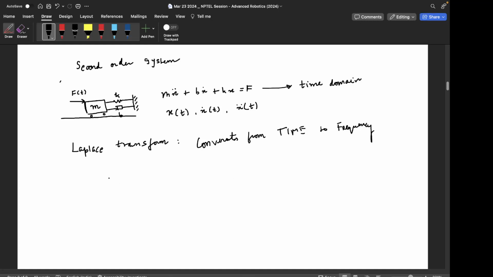So for a function, now a little bit of maths, just brief. If there's a function f as a function of t, then the Laplace transform of that function is given as this integral, e to the power minus st, f(t) dt.